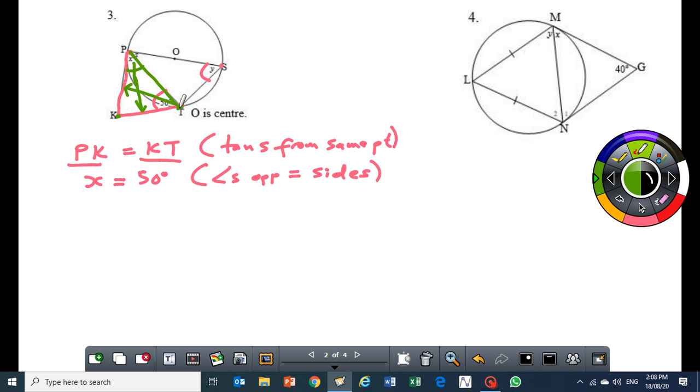And PT subtends angle S, which is equal to Y. So angle X is equal to angle Y. They are both equal to 50 degrees. My reason: tangent theorem.